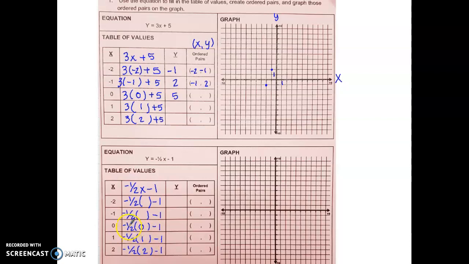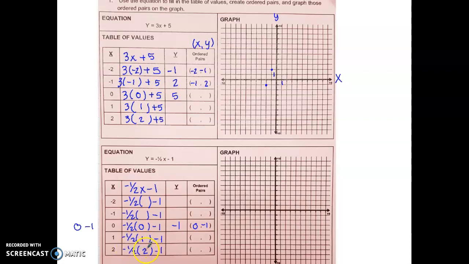So negative 1/2 times 0 gives us a 0 for this term. Minus 1 gives us a negative 1, because 0 minus 1 is a negative 1. So my x value is 0 and my y value is negative 1. For 2, remember, you just multiply across.